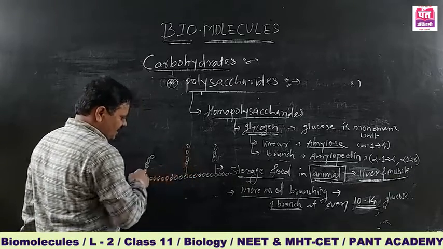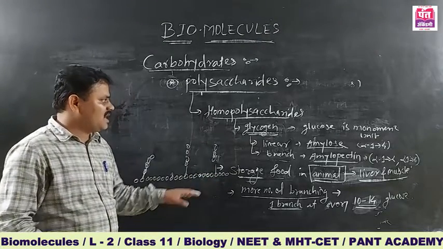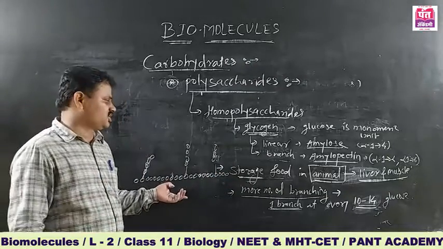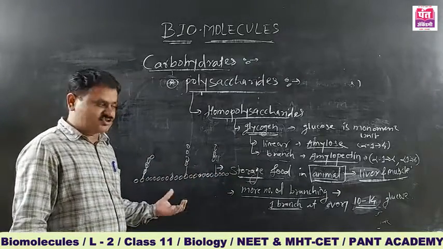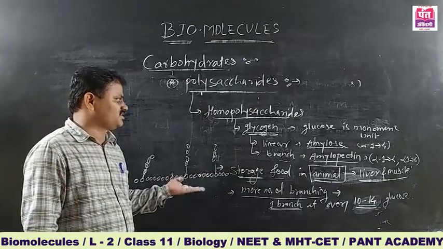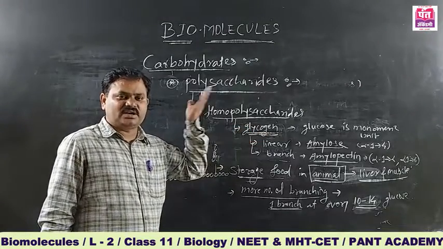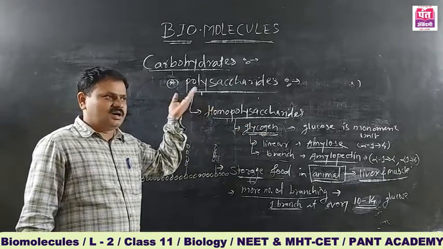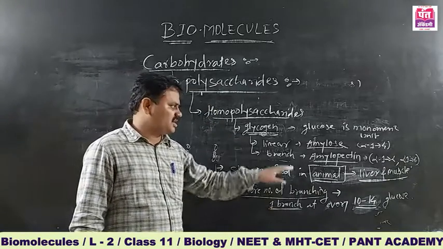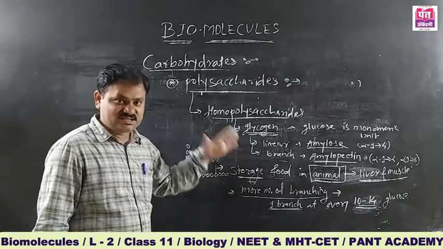So this branching is very different. Therefore glycogen is a densely branched structure. A large number of branches are present as compared to the starch. Starch contains less branching and glycogen contains more branching.